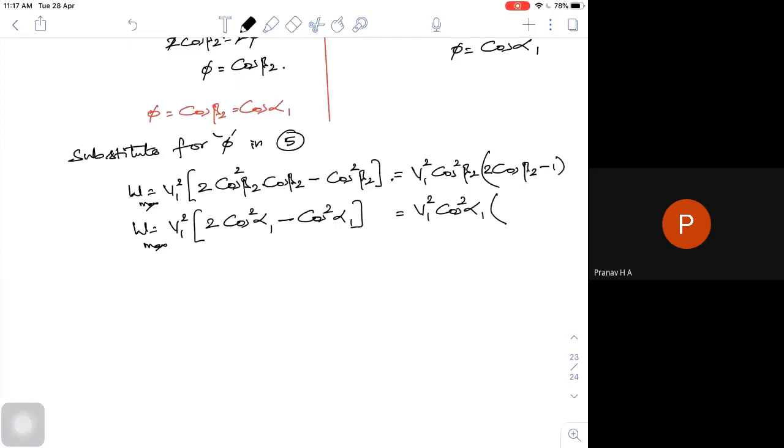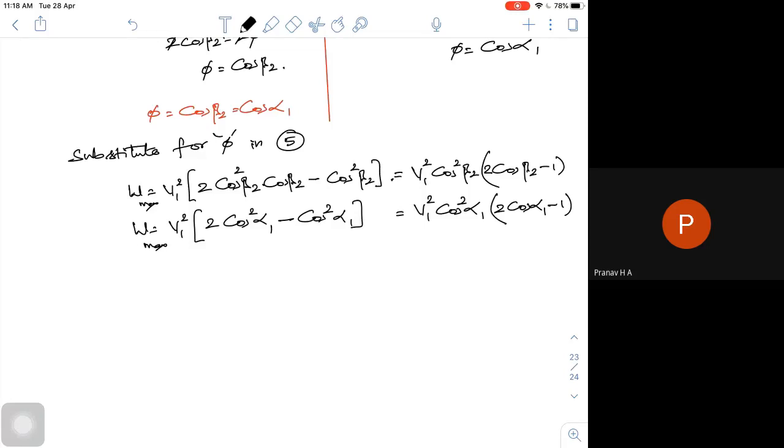This will be your expression for maximum work done. That is V1 square cos square beta 2 into, if it is in terms of beta, 2 cos beta 2 minus 1, or if it is in terms of alpha, it is 2 cos alpha 1 minus 1. This is the expression for maximum work done, for a degree of reaction R equal to 0.5.